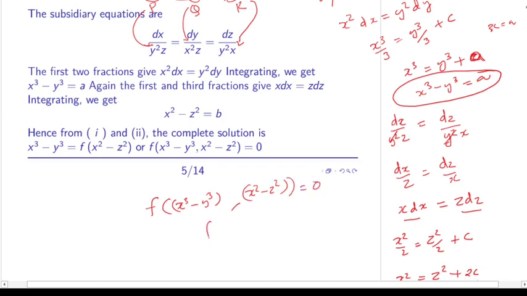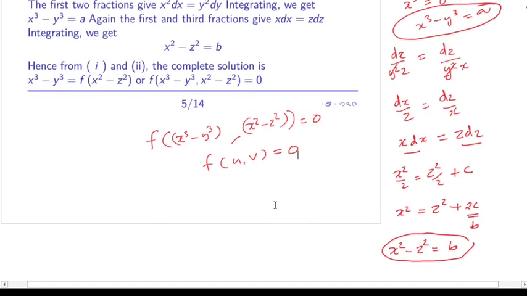That is f of u, v equal to 0. Or you can write the same solution in the form of x cube minus y cube equal to some function of x square minus z square, that is u equal to some function of v.